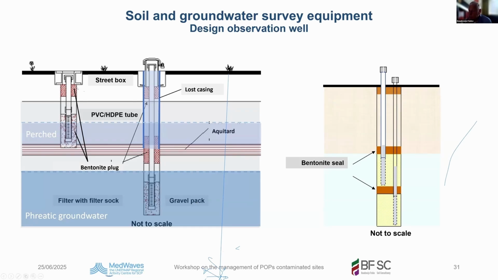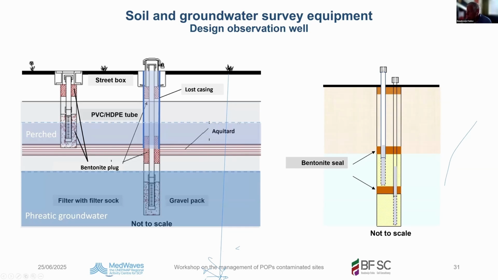These are two wells, one to get the perched water table and the other one to get the aquifer of the phreatic water. But you can also install it in one borehole, but then the diameter should be bigger and you have to install two seals. The rule is that the deeper one is lower, so the height from the surface is lower, and the shallower one is standing out a bit.